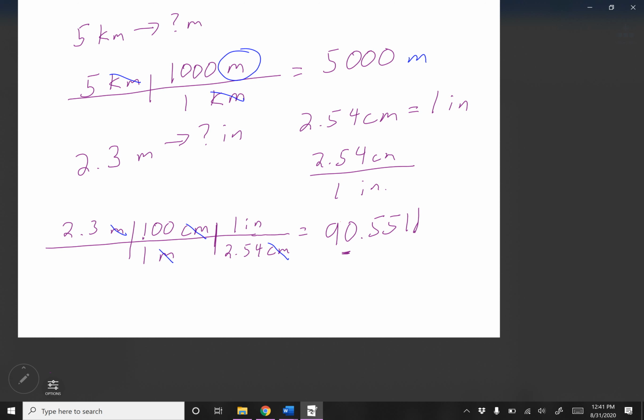Okay, this is not the best example here, but I would keep 2 sig figs in my calculation. These are conversion factors, so those are considered to have infinite sig figs. But since my given number was 2.3, I know I have 2, so I'll round based on the 5. So this will become 91 inches. Let's write that a little bit neater.